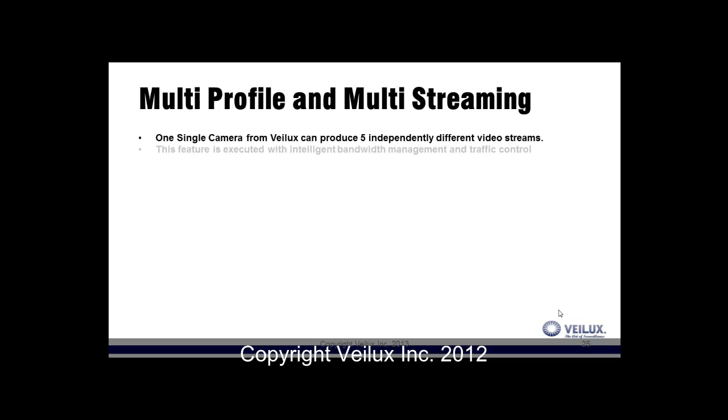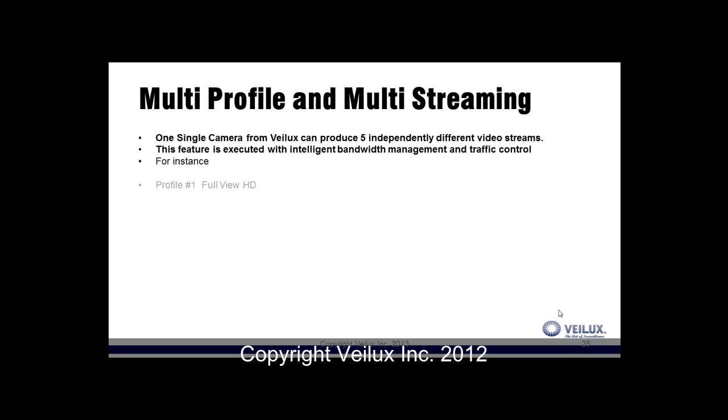Multi-profile and multi-streaming. One single camera from Veilux can produce 5 independently different video streams. This feature exceeds the intelligent bandwidth management of traffic control.